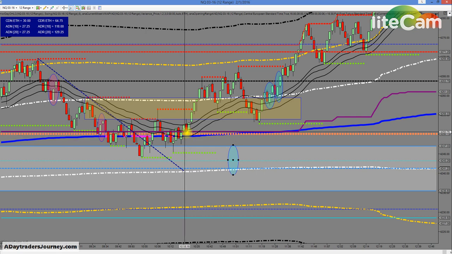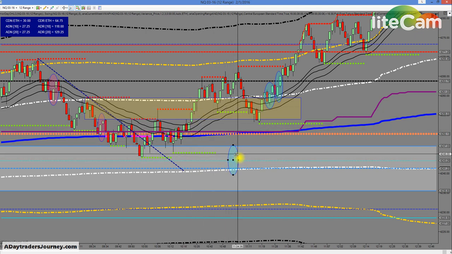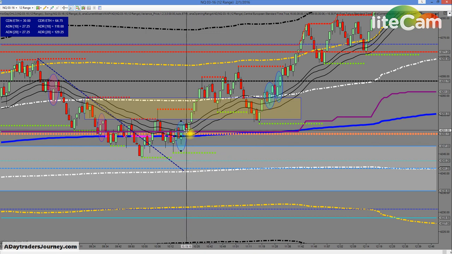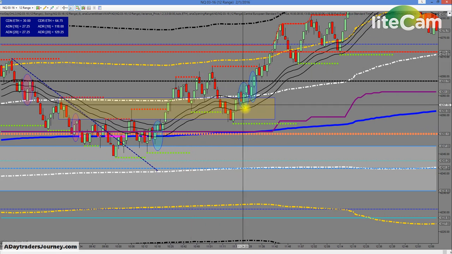This counts as a signal setup to the long side, and my stop would have been placed below the low of this wick here. So 5 points above it put me in around 47.52, and that reached the first target and then some. Didn't reach both targets, but it reached the first target and a little bit more profit. And so you would have stopped out by a trailing stop around here on the first trade.